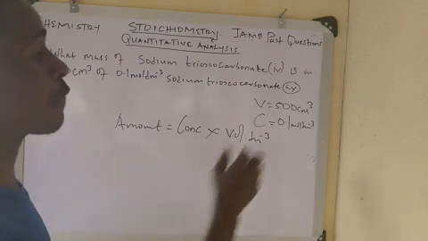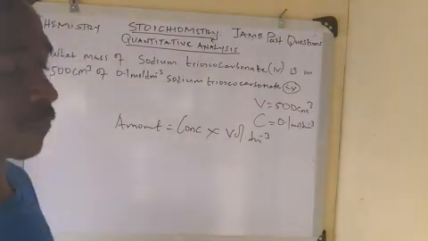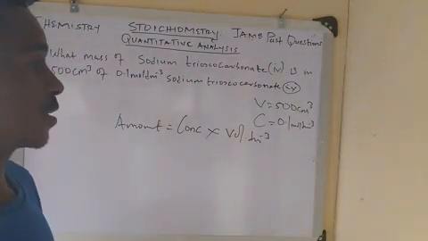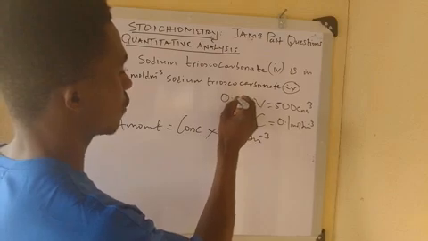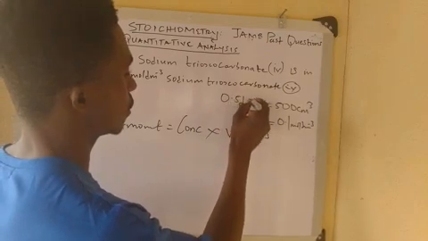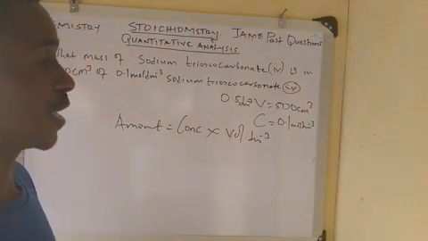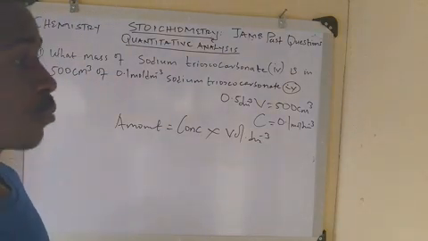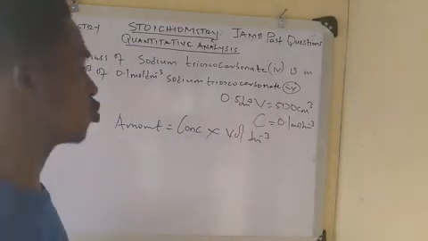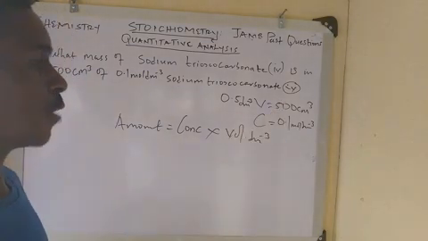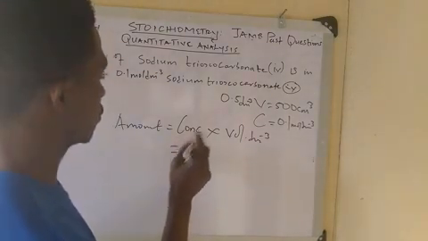If you divide 500 by 1000, you have 0.5. So our volume here is 0.5 dm³, not cm³ again. You understand? Because concentration is in mole per dm³, so our volume too should be in dm³. So now we can just go ahead to solve this.